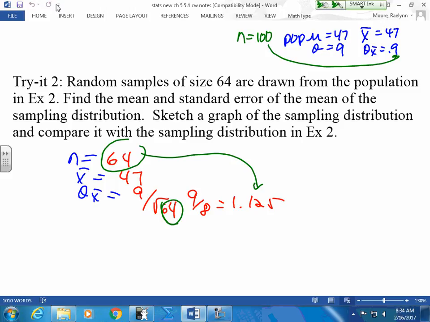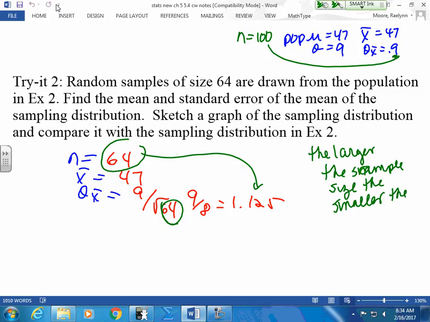So my sample size matters. The larger the sample size, the smaller the sample standard deviation. And doesn't that make sense? If I divide by a larger number, shouldn't I get a smaller number?